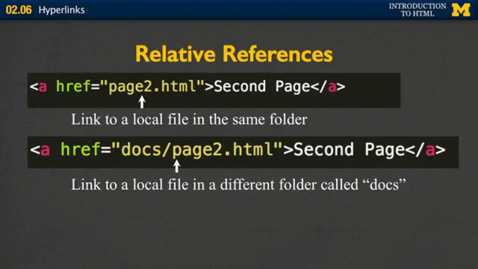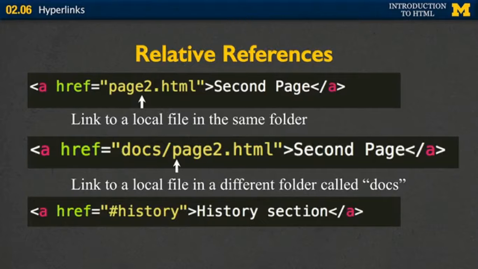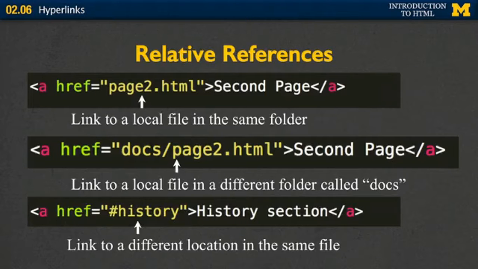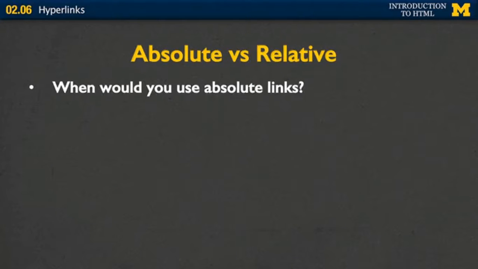So in this case, we'd be going to the file called page2.html, but it's in a different folder called docs. The third way we can use a relative reference is what we call the ID tag. So when you have href equals #history, we're saying there is another location inside this same file and it's called history.